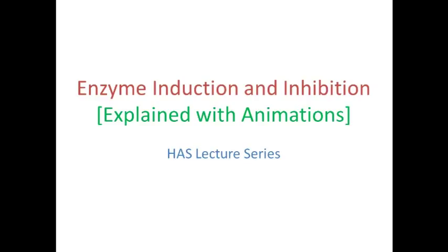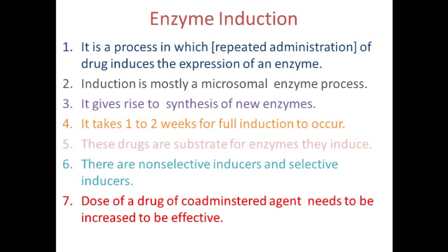So that's where the frequency of administration and the dose of a drug might have to be altered, and the effects may or may not be seen depending upon whether it's an inducer or an inhibitor. Definitely with an inhibitor it would be more of toxic effects that would be seen. So that was just an overview of induction and inhibition, but let's start discussing it in more detail.